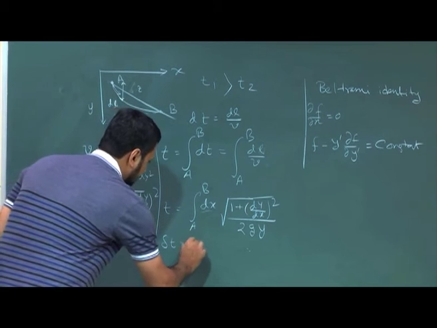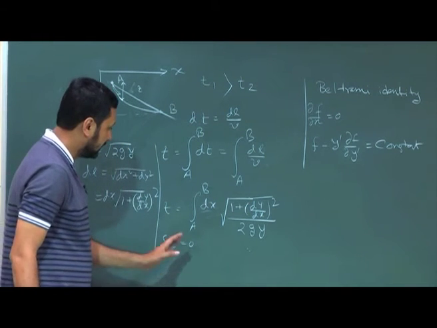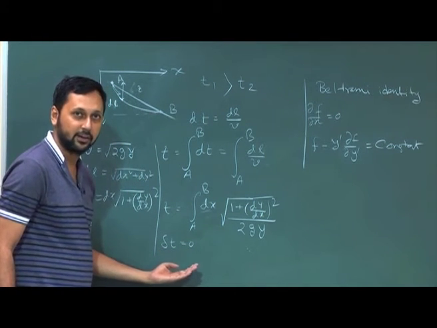But now, if the time taken has to be a minimum, that means this integration, I mean the delta t has to be equal to 0, which is exactly what we expect in variation principle.